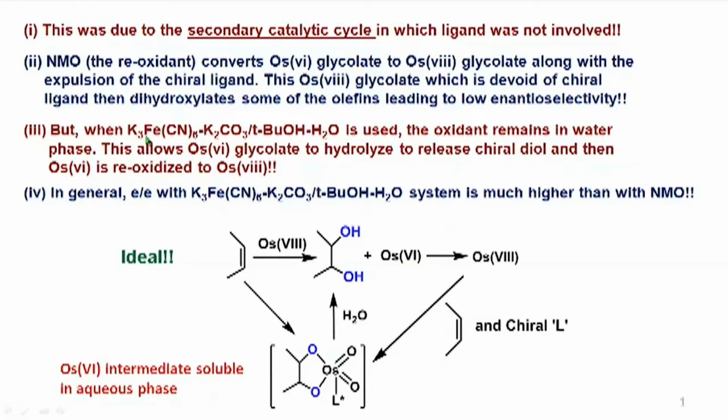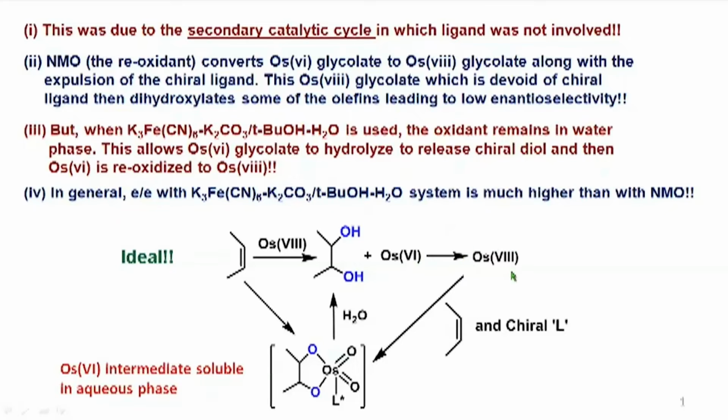But when Sharpless used potassium ferricyanide, potassium carbonate, tertiary butanol water system in place of NMO, the oxidant remains in the water phase, and this allowed the osmium 6 glycolate to get hydrolyzed like this and release the chiral diol, which is of high enantioselectivity, and then release the osmium 6, which gets reoxidized, because the oxidant is soluble in the water phase, to osmium 8, which is osmium tetroxide.